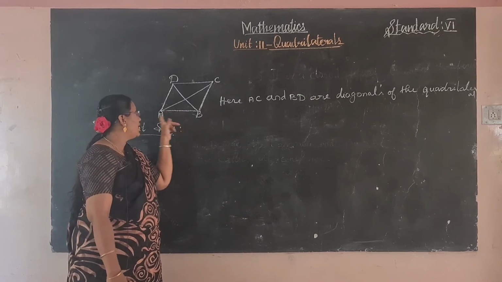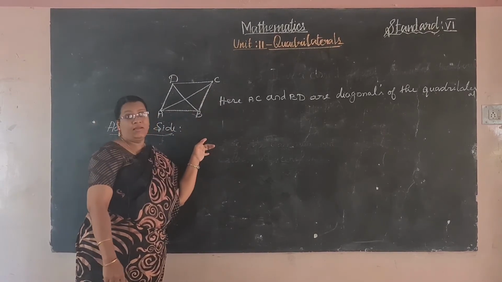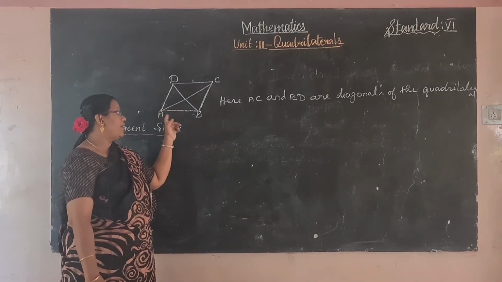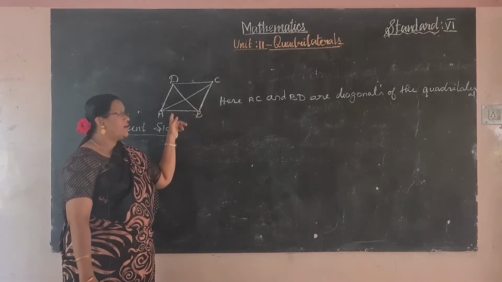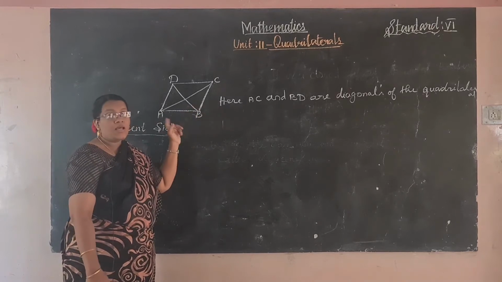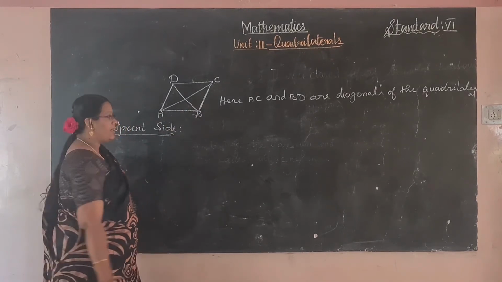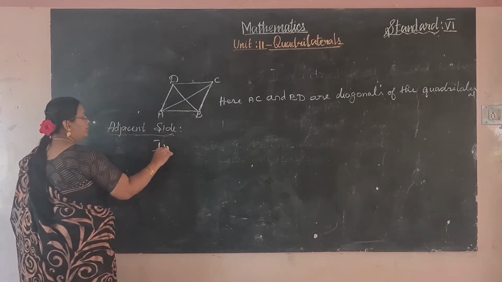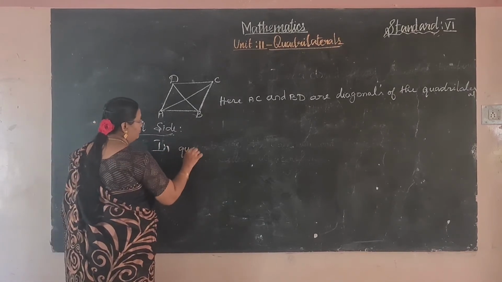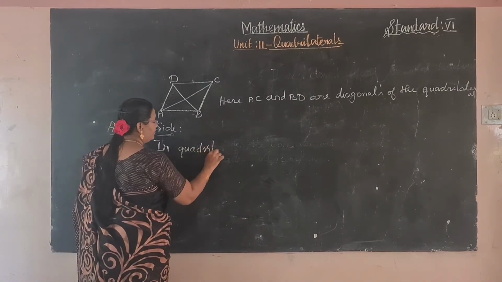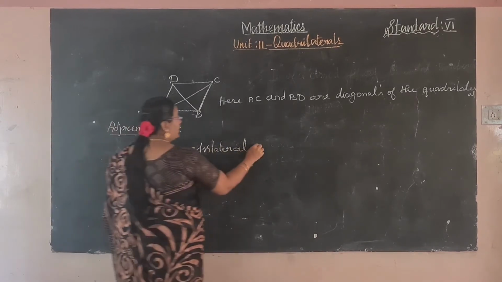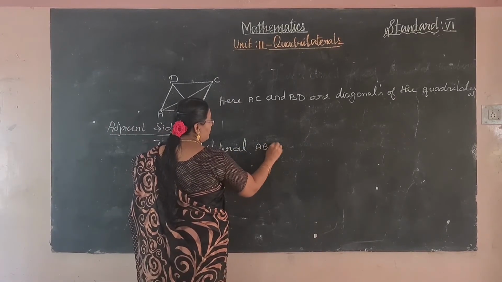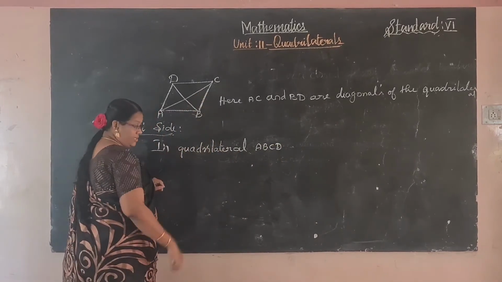Two sides AB and BC, having a common point B. Such sides are called the adjacent sides in a quadrilateral ABCD.